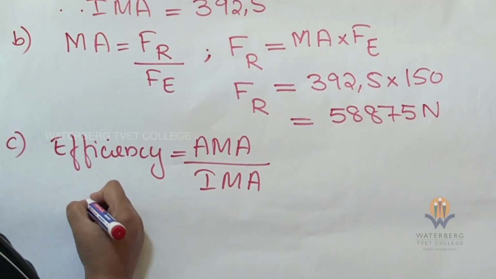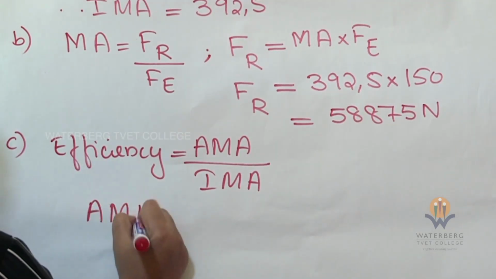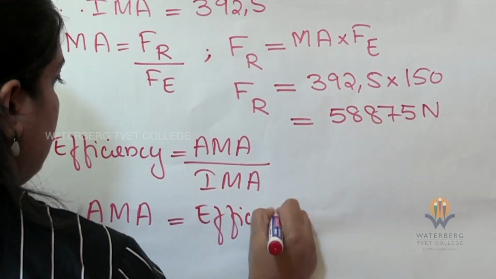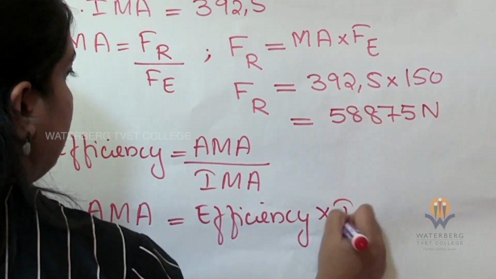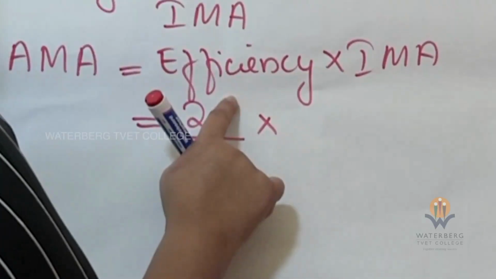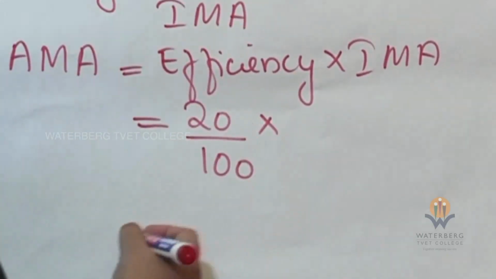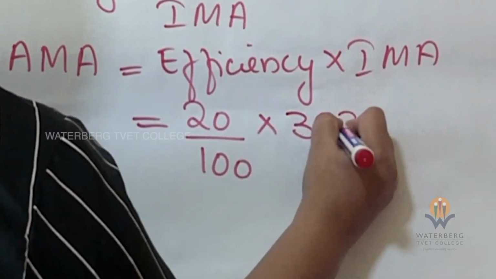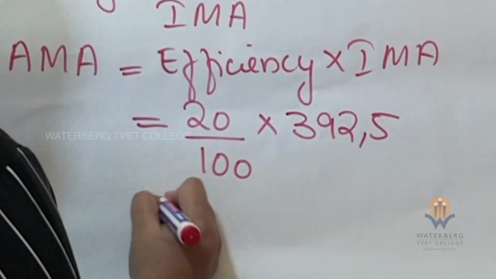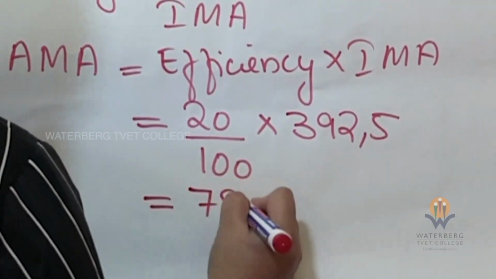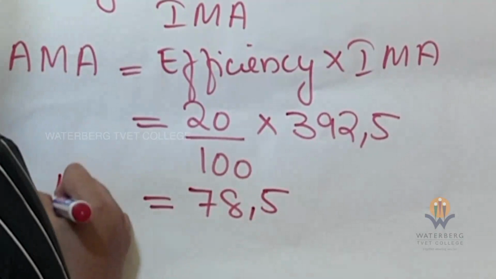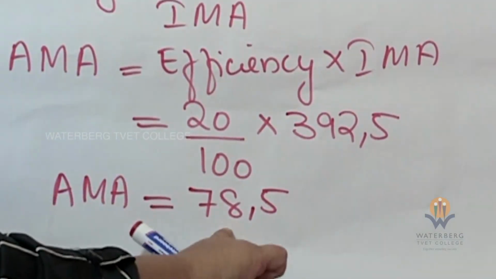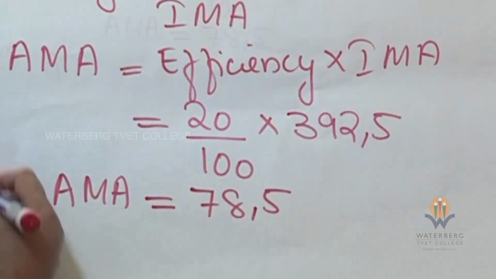We want to calculate the actual mechanical advantage, which equals efficiency multiplied by ideal mechanical advantage: 20 over 100, because it's given as 20%, times the ideal mechanical advantage, 392.5, which gives you 78.5. That is the actual mechanical advantage, and that is also a ratio, so it doesn't have any units.